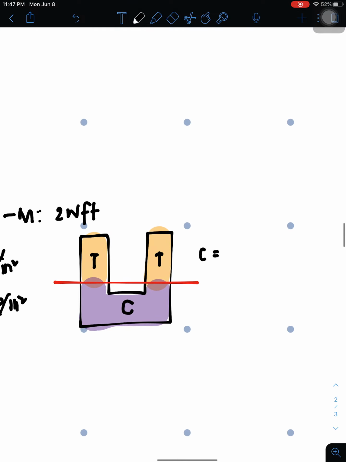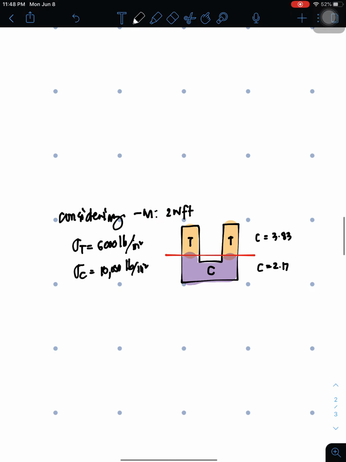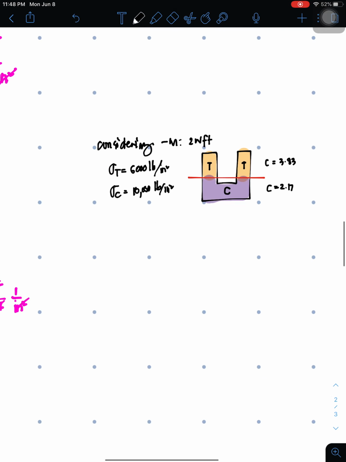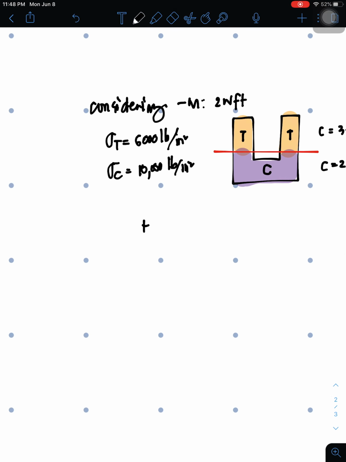And of course, do not forget that C here is 3.83 and C here is 2.17. It's really important to know that, or else you'll be lost with your formula or answer.